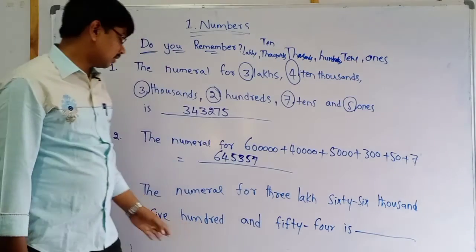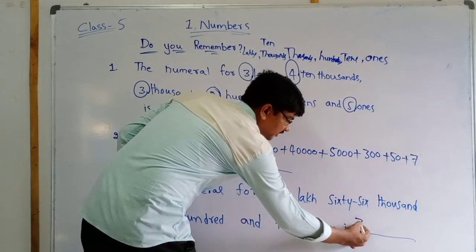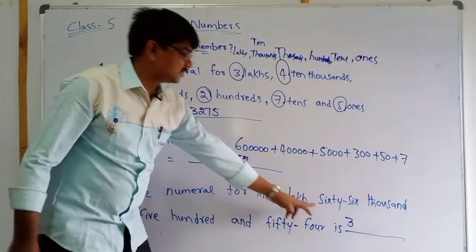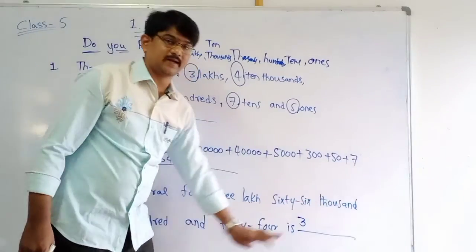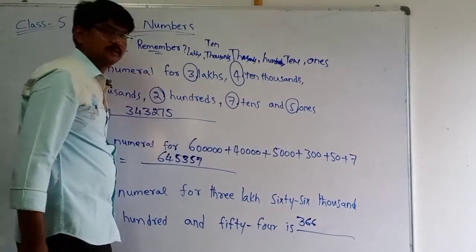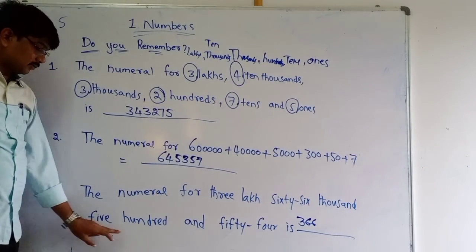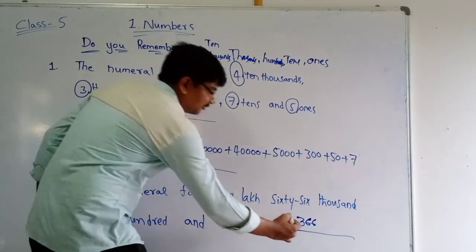So 3 lakh means 3. 66,000 means 66,000. Next 500, 5.